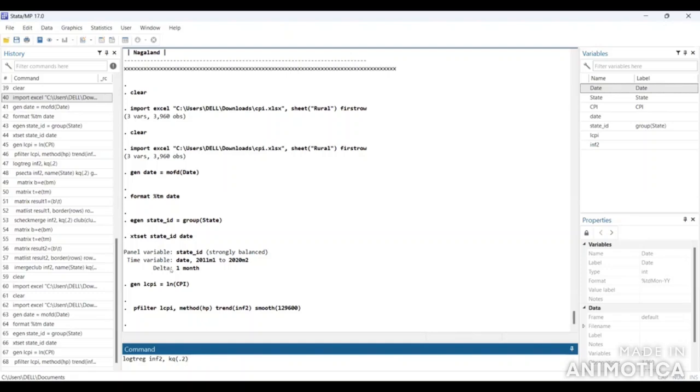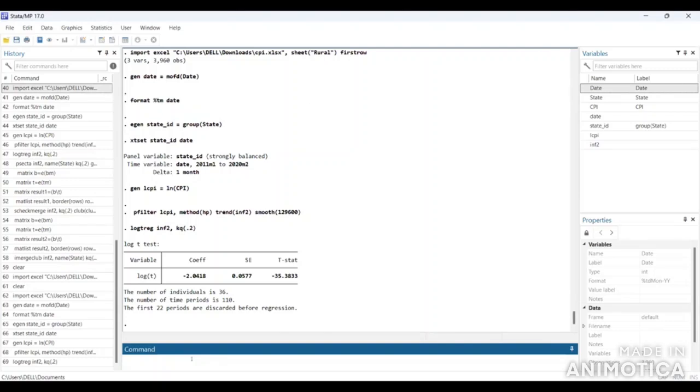Since I have more than 100 observations, around 110, I have used the discarding parameter KQ 0.2.